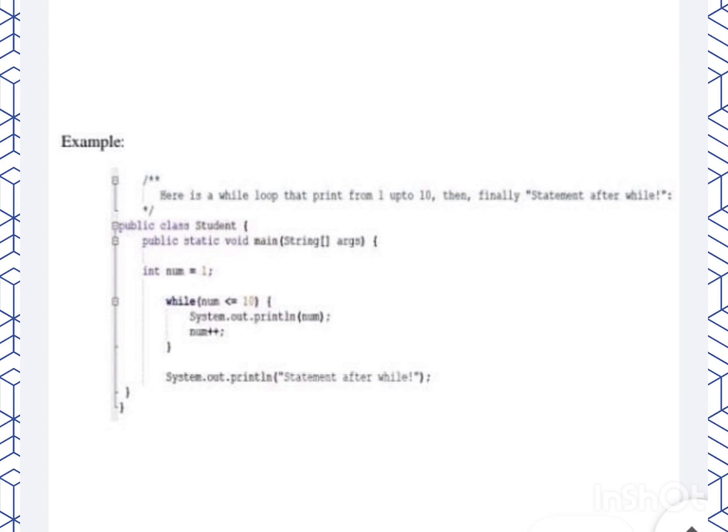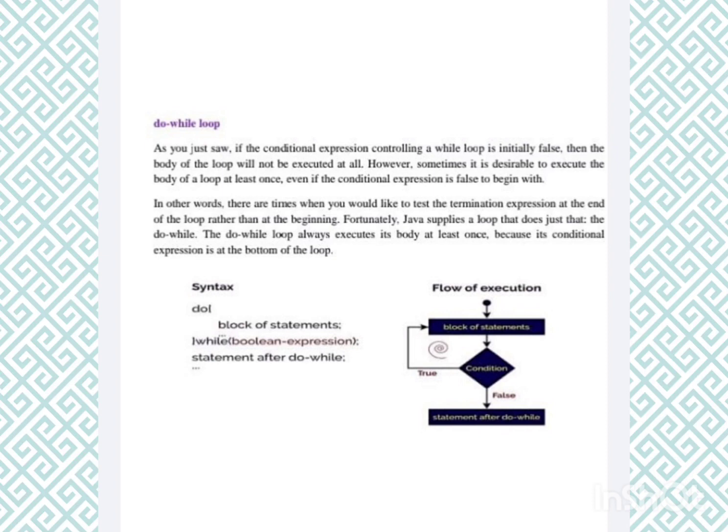Thus, the return statement immediately terminates the method in which it is executed. The following example illustrates this point. Here, return causes execution to return to the Java runtime system, since it is the runtime system that calls the main function.